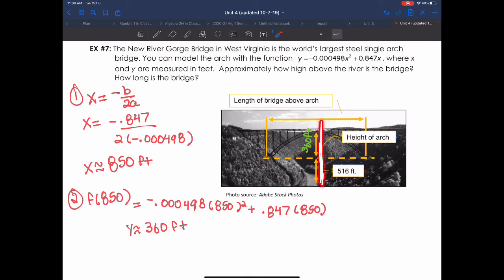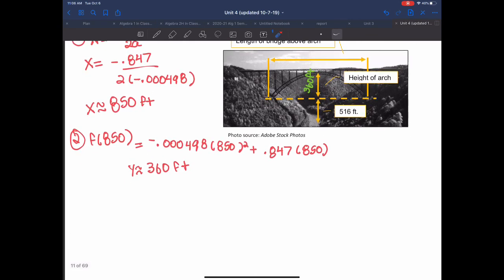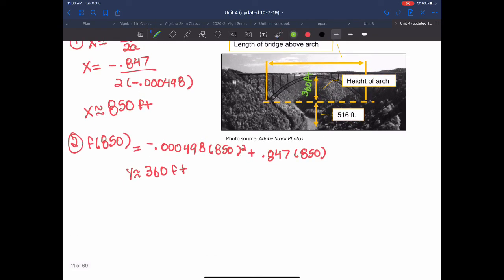So I want to find this whole distance right here, but I only know that 360 feet represents this distance right here. So in order to find the total distance, I am simply going to take 360 and add it to this height that's already given right here, which is 516 feet.